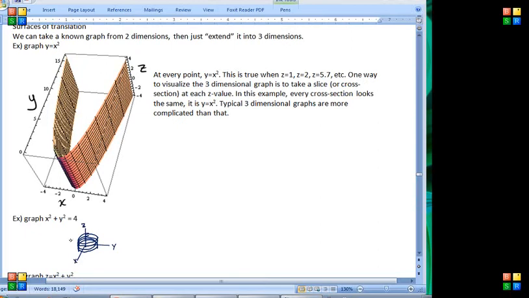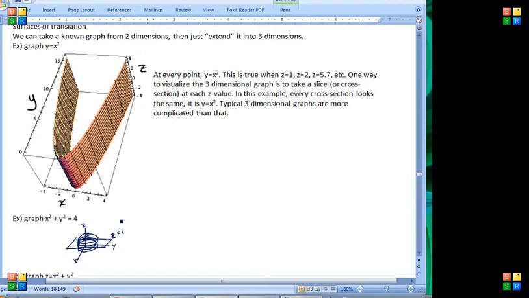So you could imagine that there's some plane that cuts through the surface. Let's just say this is the plane where z equals 1. We talked about the equations of simple planes before. The plane z equals 1 is like the xy plane, but it's sitting up 1 unit.